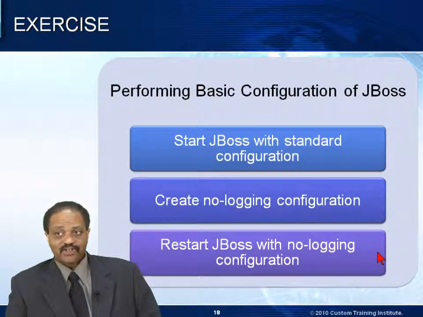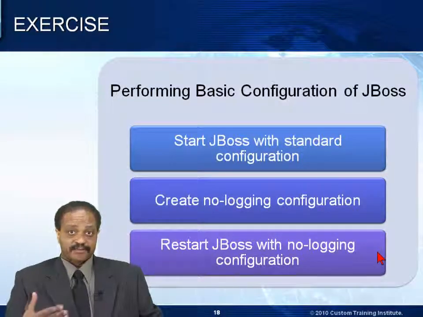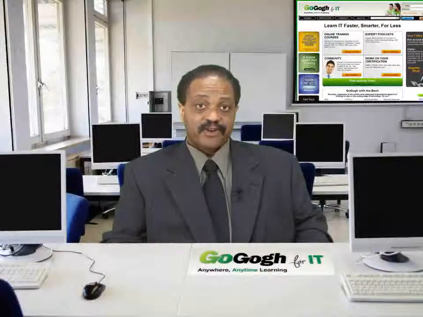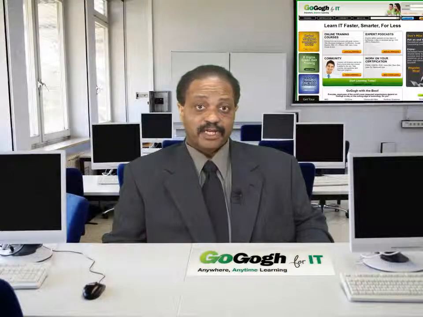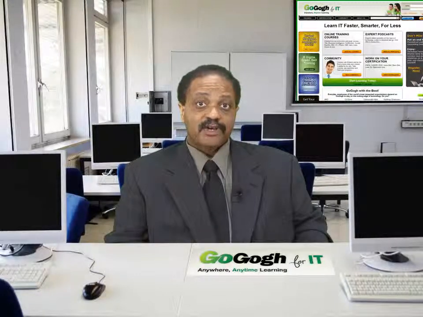And look at the various startup messages that ensue when you have JBoss with a no logging configuration, and compare what you see with the no logging configuration as opposed to what you saw when you had JBoss in the standard configuration. The idea of this part of the exercise is to see what happens when you create a custom configuration as opposed to what you see when you start JBoss with a standard configuration. So that's part one.